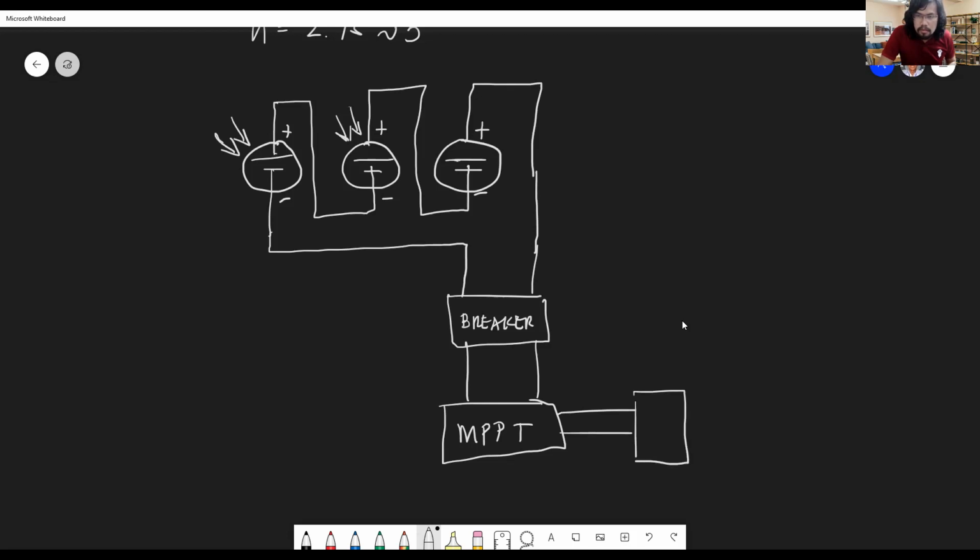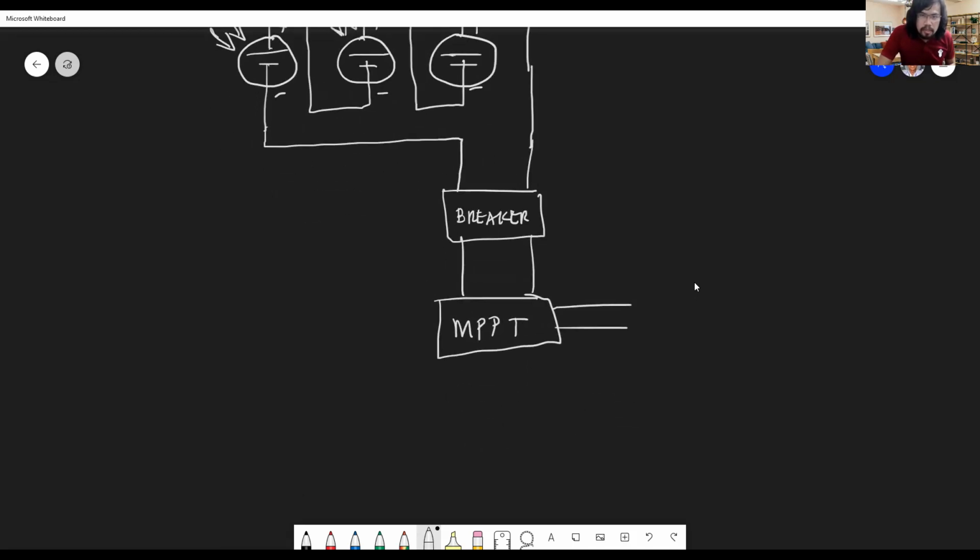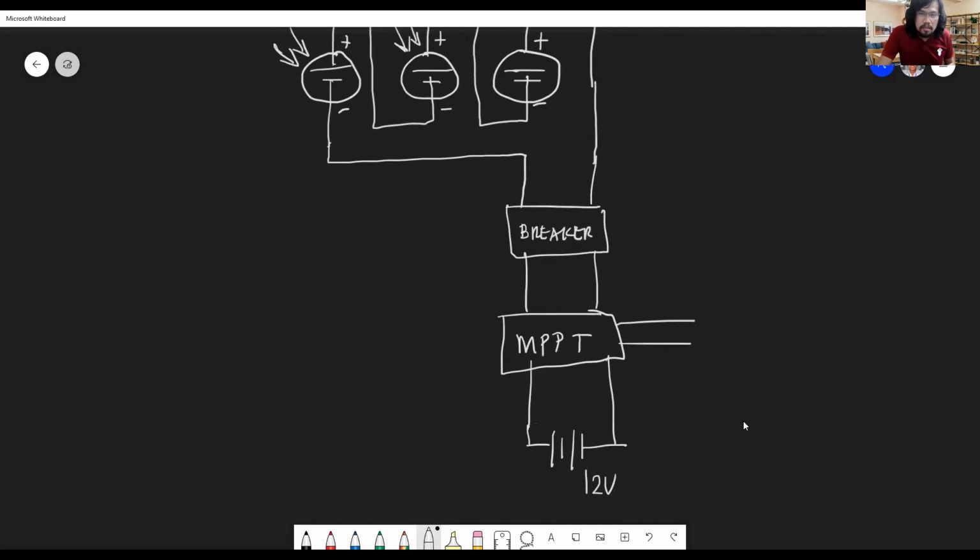Let's just use the traditional battery setup. Anyway, let's just put the battery over here. It could be a 12-volt battery. That would influence the size of the MPPT.